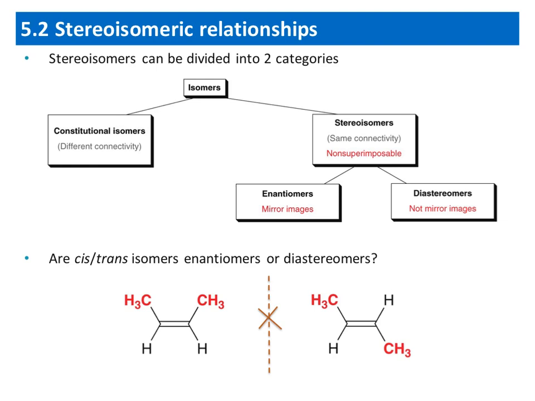We want to know whether they are enantiomers or diastereomers. If you look at these molecules, we have a cis isomer here and a trans isomer here. Now if you imagine there is a mirror here, they are not mirror images of one another. So cis and trans isomers are always diastereomers.